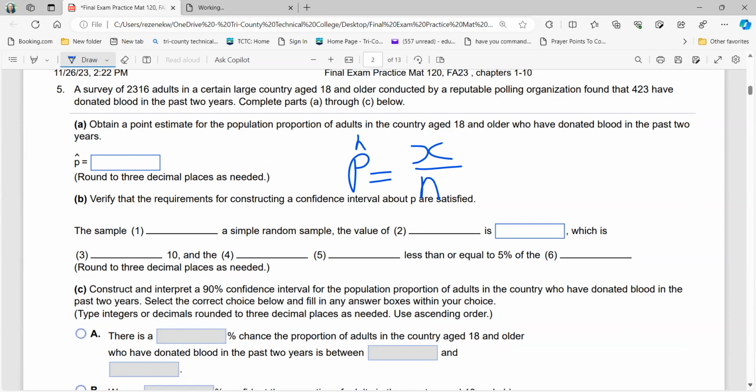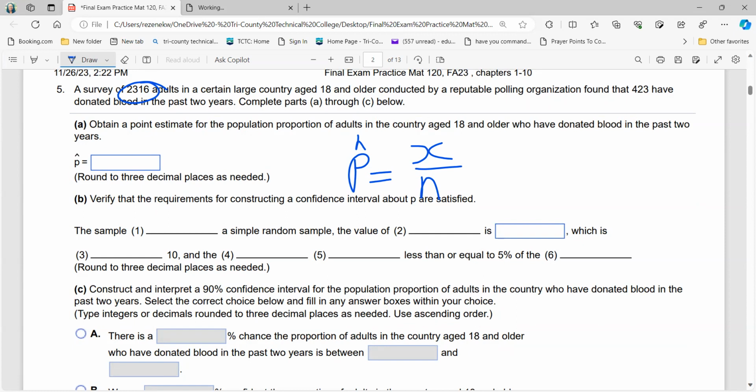A survey of adults in a certain large country aged 18 and older, conducted by a reputable polling organization, found that 423 have donated blood in the past 2 years.